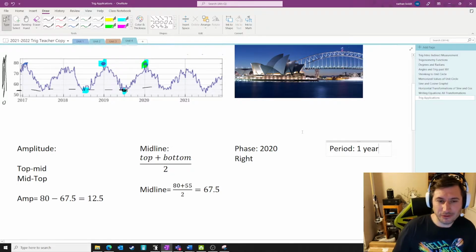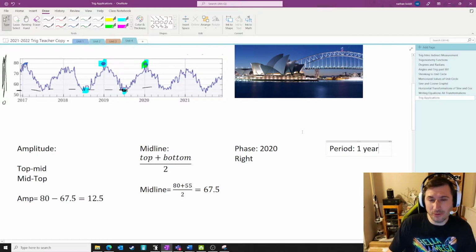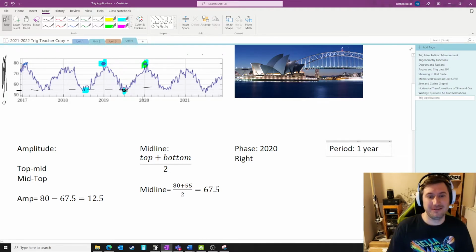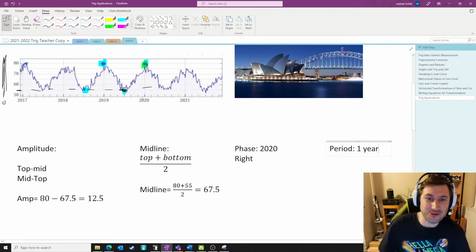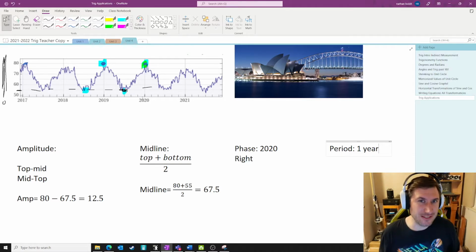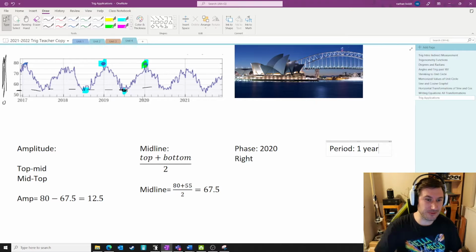Now, have you looked closely at this graph, actually? Cool thing about Sydney, Australia. Do you see how their highest temperatures are at the beginning of 2020? That would be January. Sydney, Australia is going through summer right now. They're in the southern hemisphere, so their seasons are switched from ours. So right now in Sydney, it is summertime.